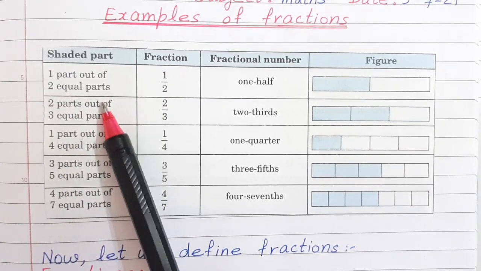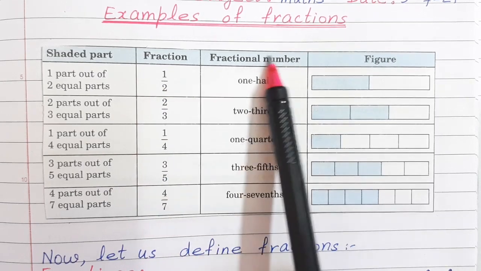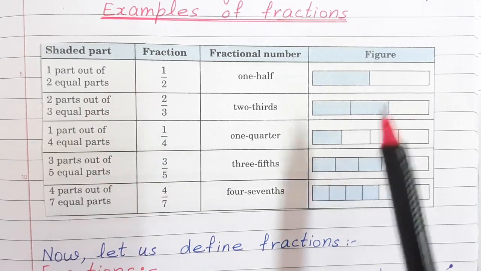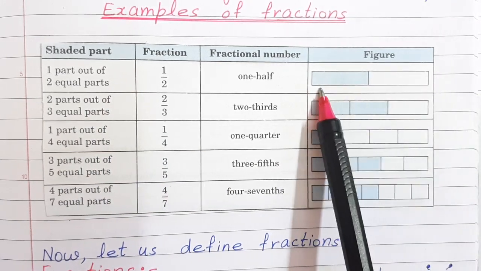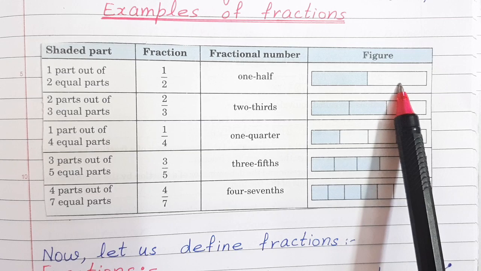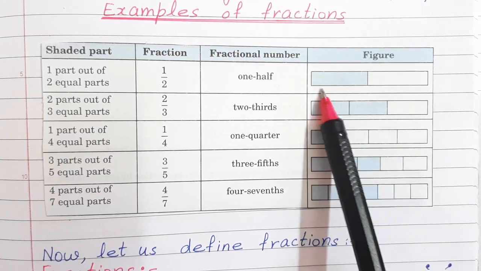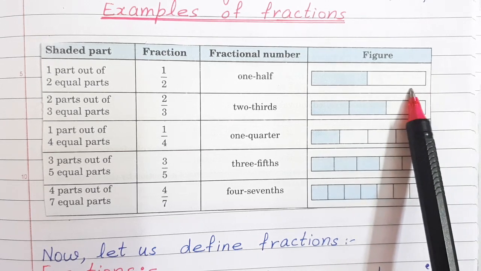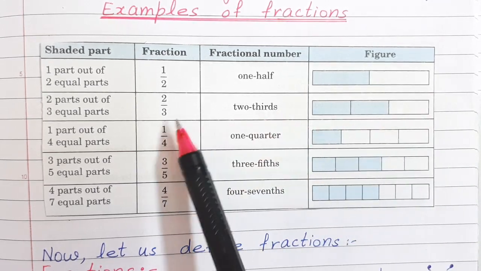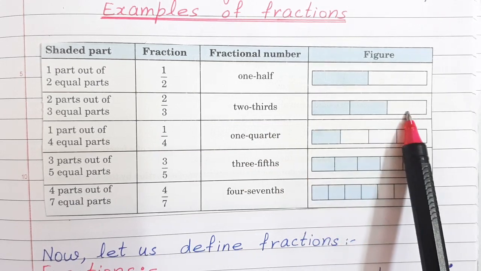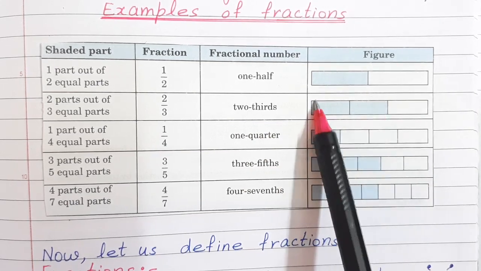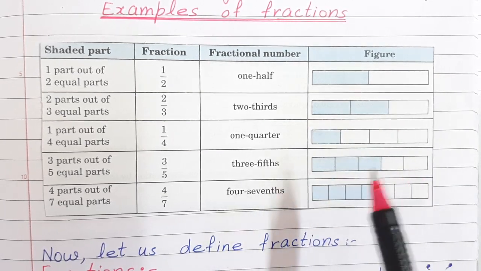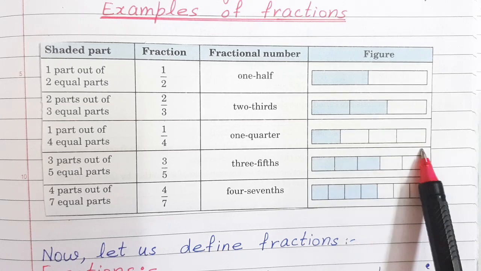Now children, let us discuss a few examples of fractions. Now you can see in the figure here, this is 1/2. That is 1 part out of 2, right? Clear? Now, next is 2/3. That is 2 parts are shaded out of 3 equal parts. The next is 1/4.